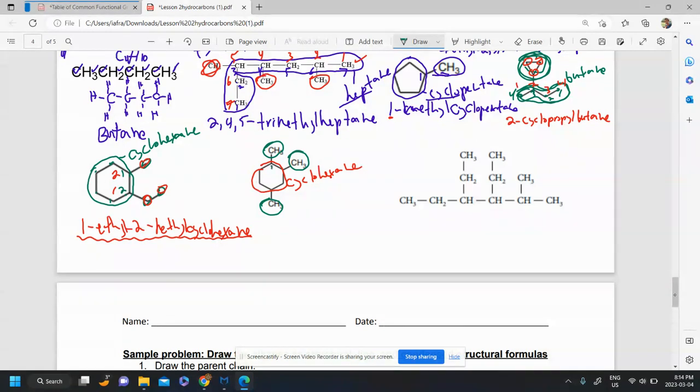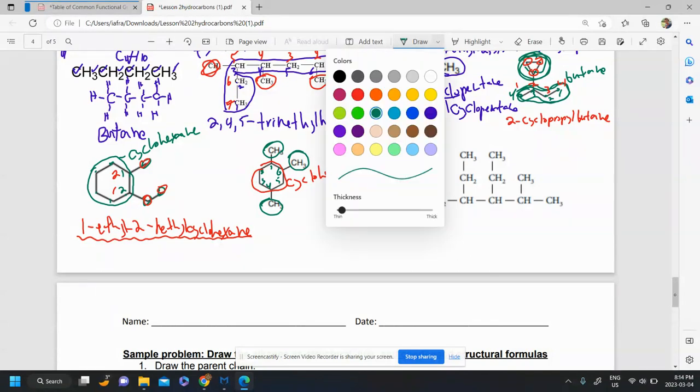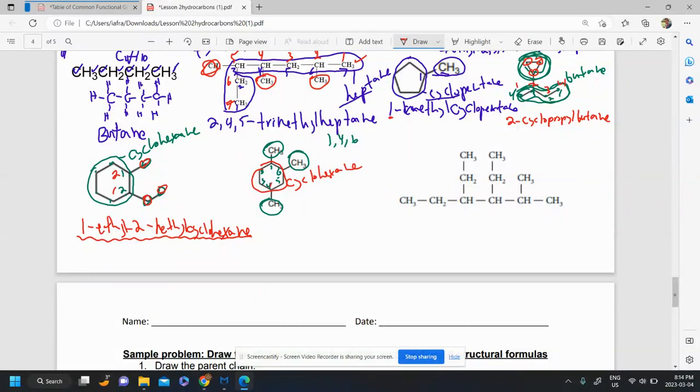So the green direction, 1, 2, 3, 4, 5, 6. That's going to be a 1, 4, 6. That's one possibility. Let's go this red direction here. 1, 2, 3, 4, 5, 6. If we go the red direction, that's 1, 3, 4. So already green's out and red is still in.